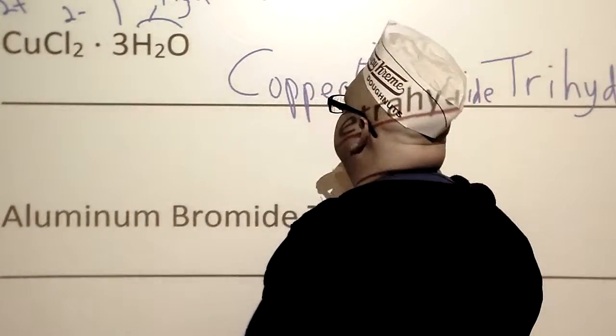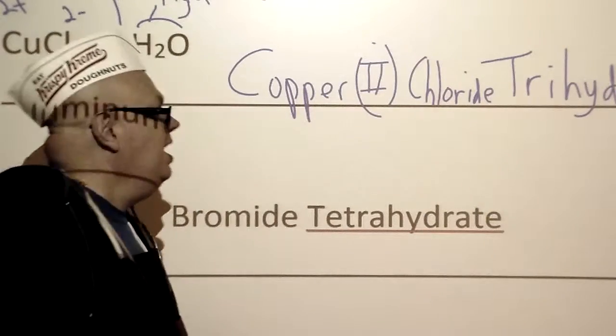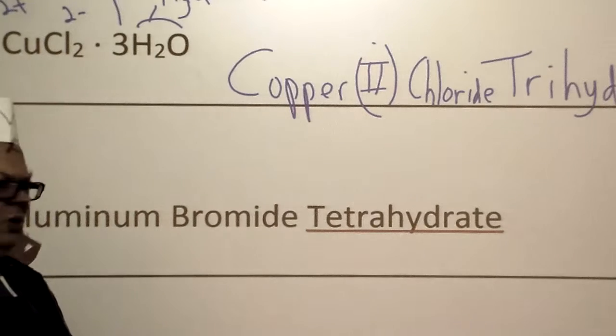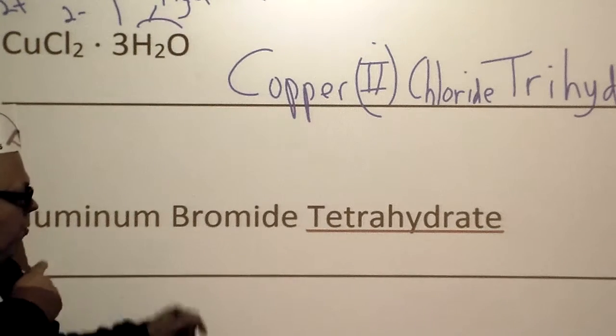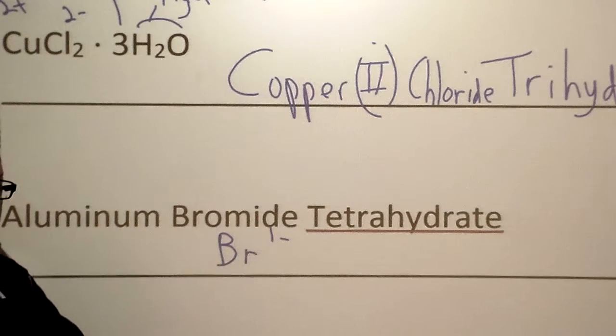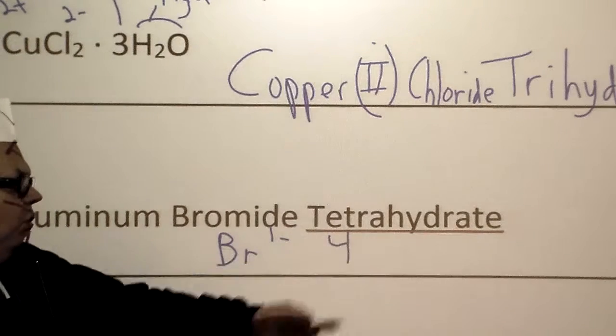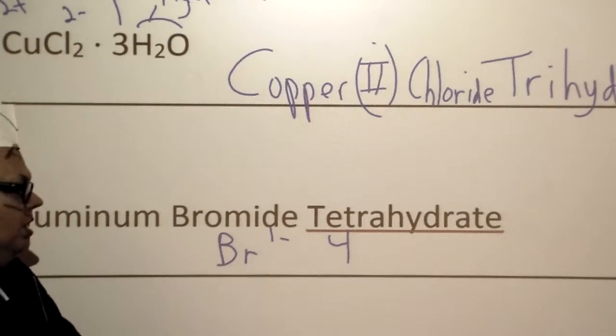Let's look at aluminum bromide tetrahydrate. Okay. Bromide. Well, I know that bromide is Br with a -1 charge to it. I know tetra means 4. And notice I'm going through the process of elimination here.